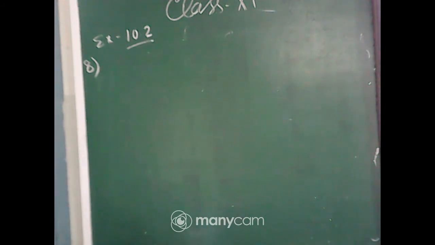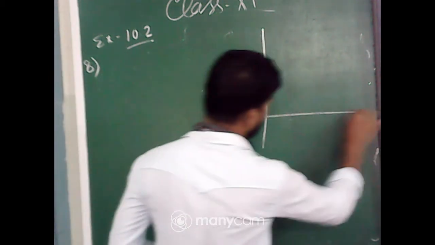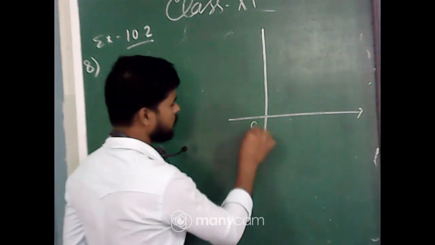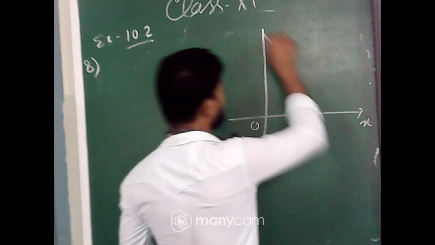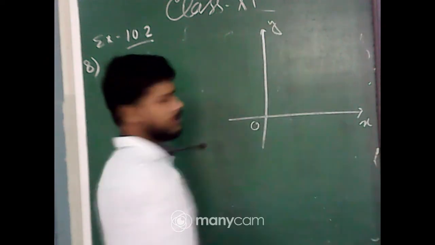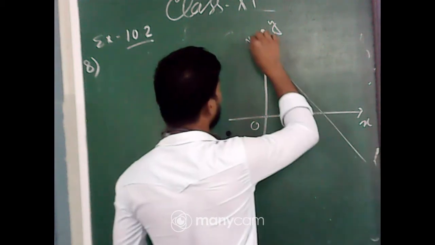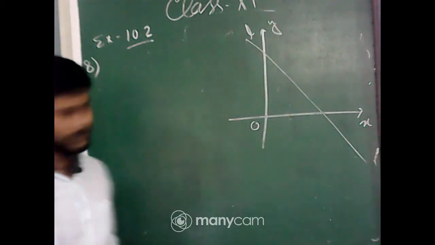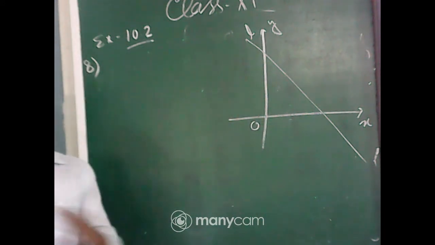Okay, so let's draw a set of rectangular axes first. This is the origin, this is the x-axis and this is the y-axis. Suppose there is a line, and the name of the line is L. Now the distance of the line from the origin means the perpendicular distance.